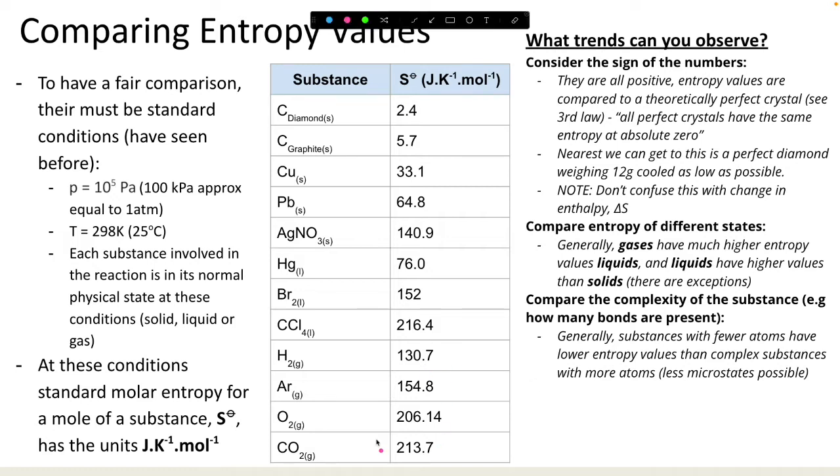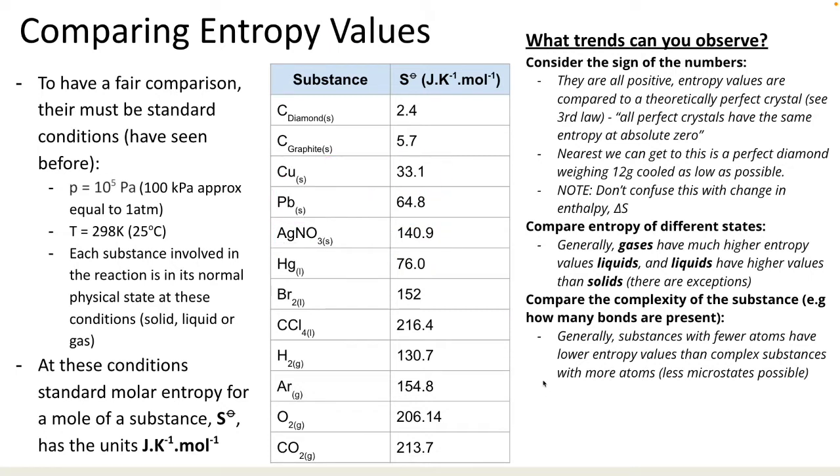If we compare argon, which is a single atom, we have a lower entropy than something like carbon dioxide, which is going to have more bonds. It's got covalent bonds, in addition to the intermolecular forces that the argon would have as well. Compare something like silver nitrate with its more atoms, more bonds, more microstates, the energy in those bonds can exist in. It's going to have generally a higher entropy value than something with fewer atoms.